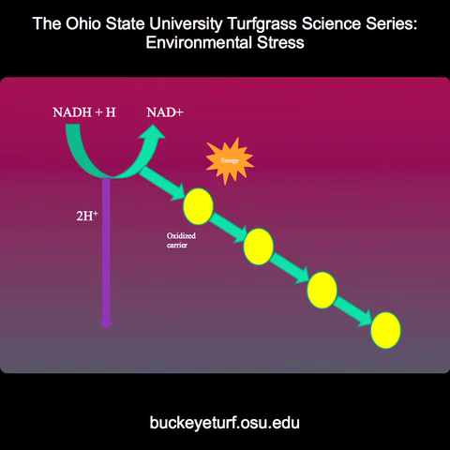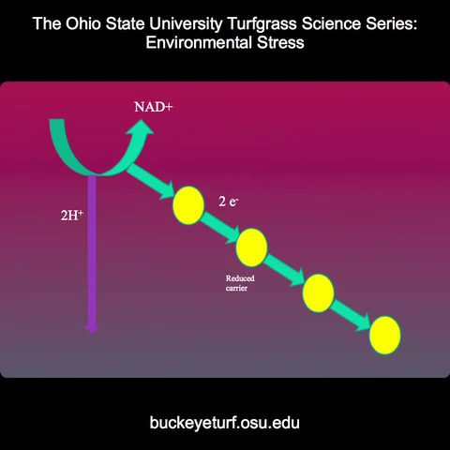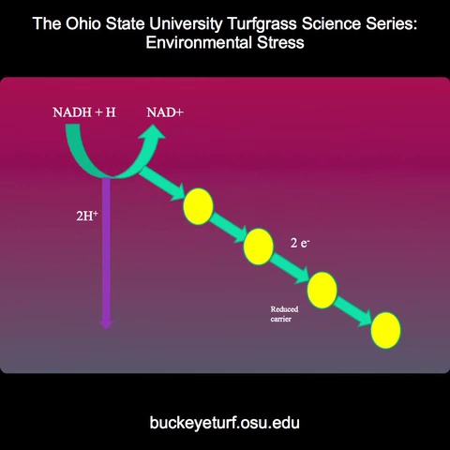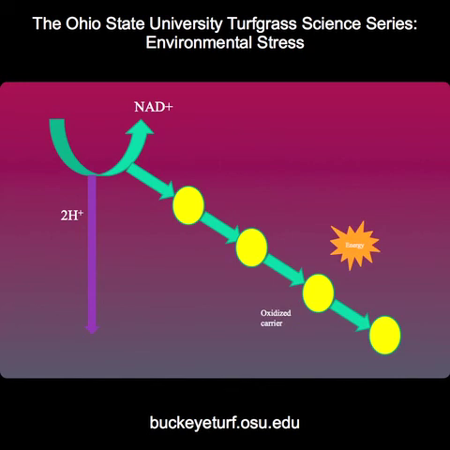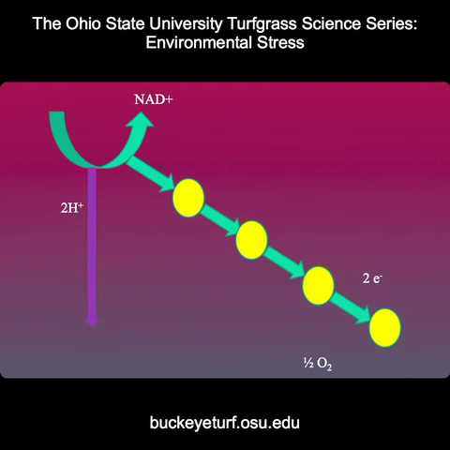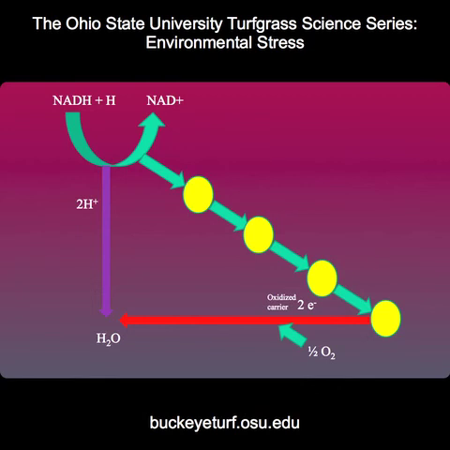As the electrons are passed down to an electronegative acceptor, then passed down further, energy is released as an oxidative reaction. This continues down the chain until it reaches oxygen, the most electronegative and terminal acceptor.